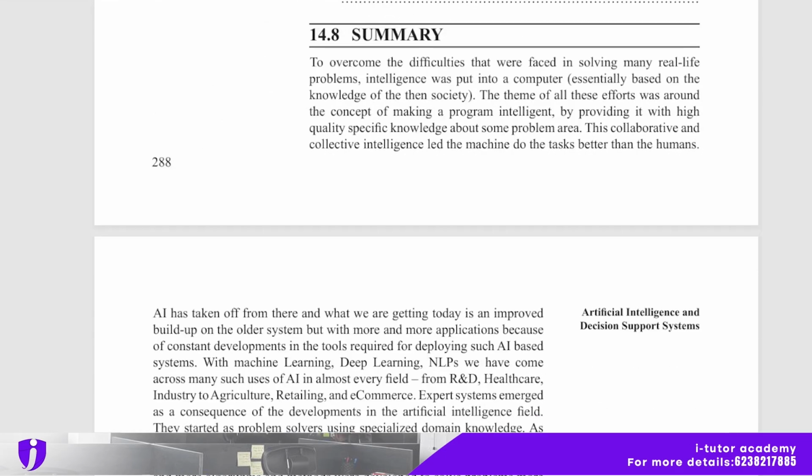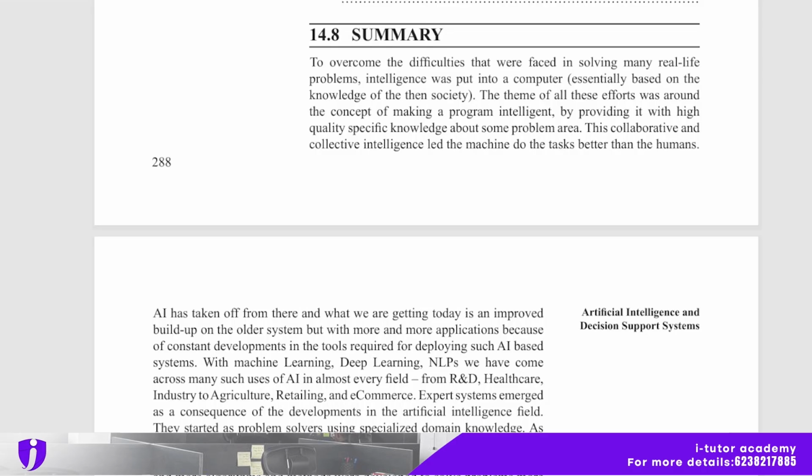To overcome the difficulties that were faced in solving many real life problems, intelligence was put into a computer, and the theme of all these efforts was around the concept of making a program intelligent by providing it with the highest quality specific knowledge about some problem area.